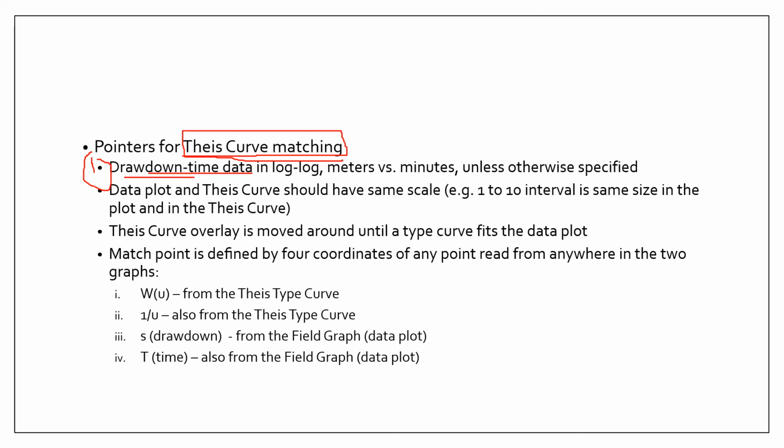So we plot it in a log-log plot, which is typically in meters versus minutes. So from this data plot, we overlay the Thiess curve. And these two graphs should have the same scale, meaning the 1 to 10 interval should have the same size, and the data plot and the Thiess curve 10 to 100 should also have the same size, and so on.